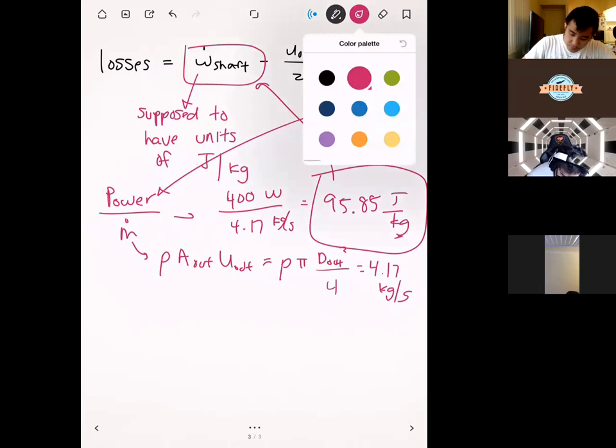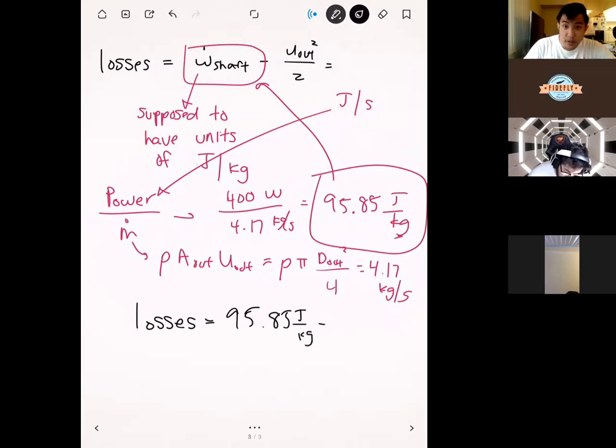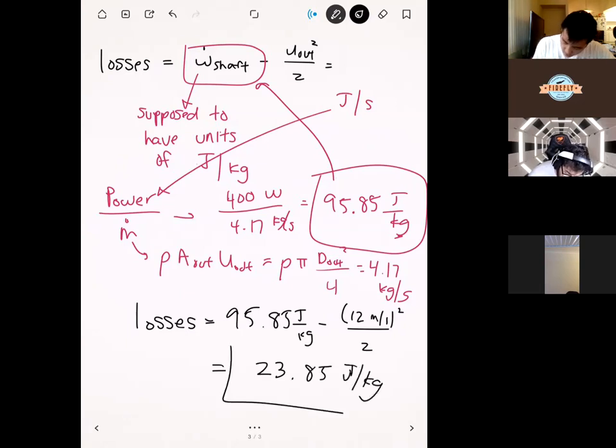We plug that into our expression up above, and we get losses equal to 95.85 joules per kilogram, minus the outlet velocity, 12 meters per second squared divided by 2, and then what we get is 23.85 joules per kilogram.